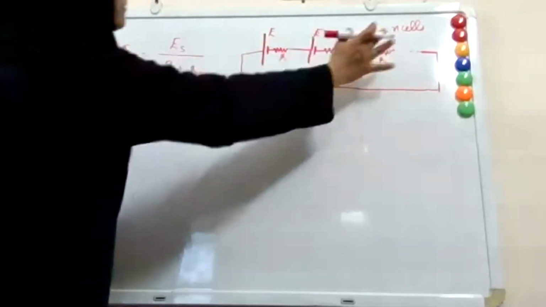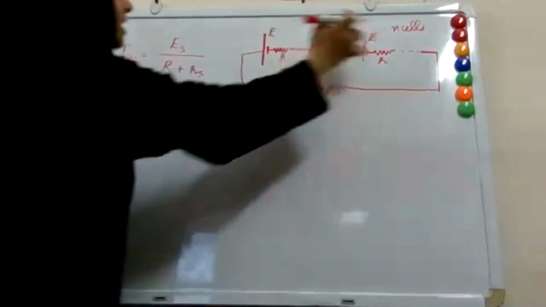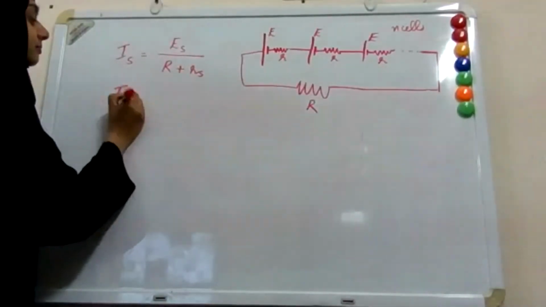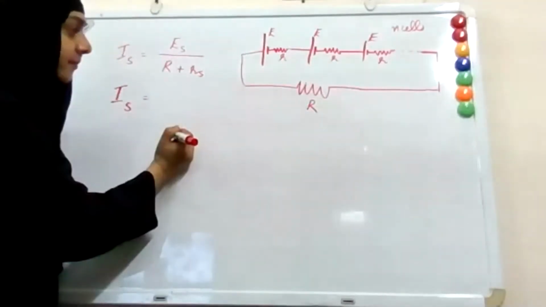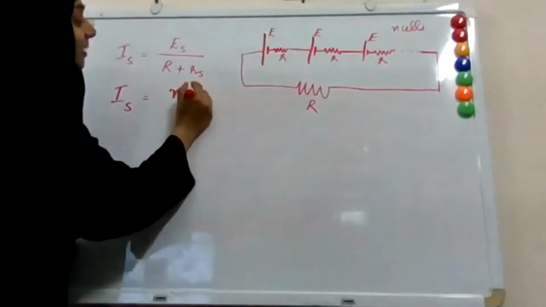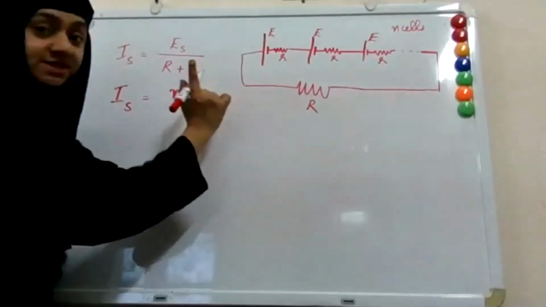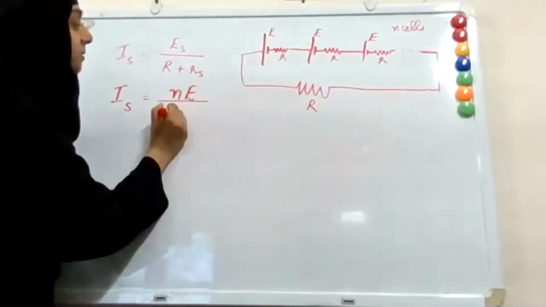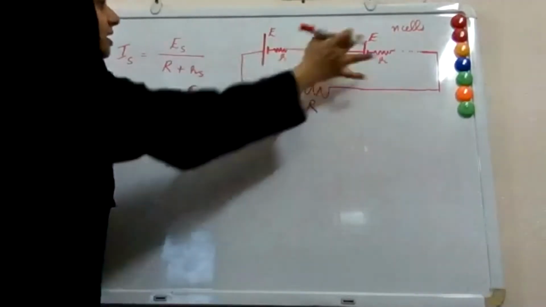So all the cells have the same EMF. So I will be substituting here n cells. So what will be E_S? If n cells are connected in series, nE. nE will be equal to E_S, where E is the EMF of one cell. Okay? So nE divided by R plus, what will be R_S if there are n cells?